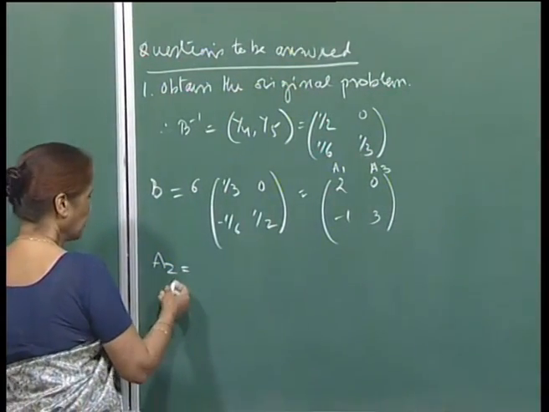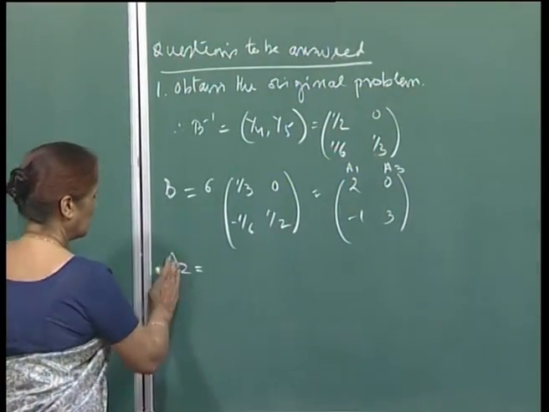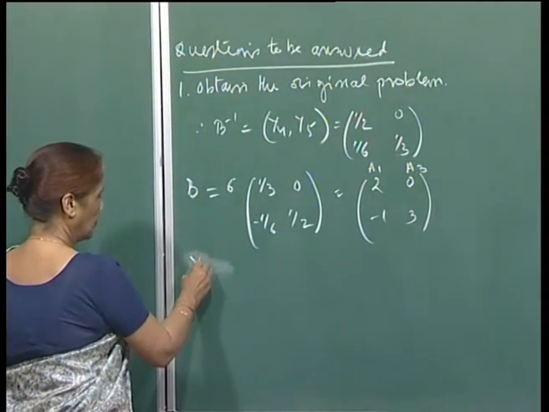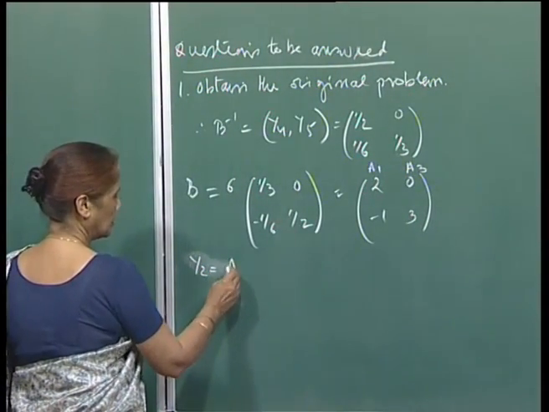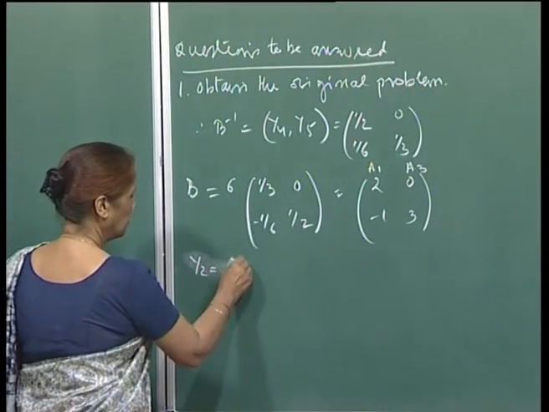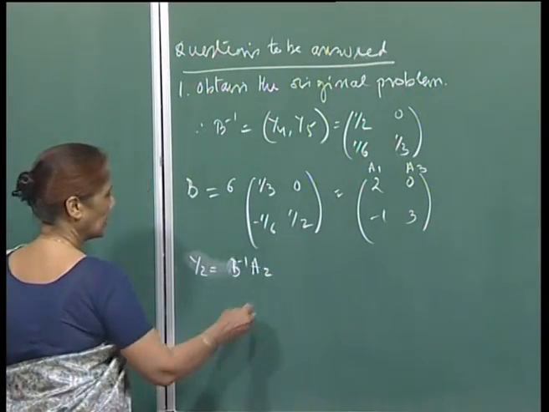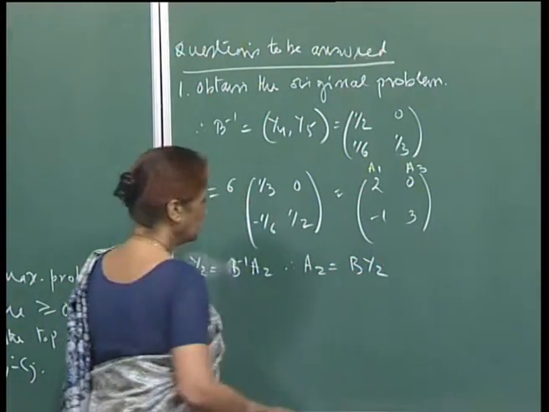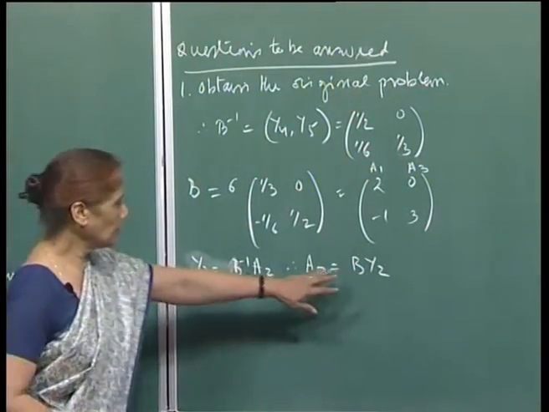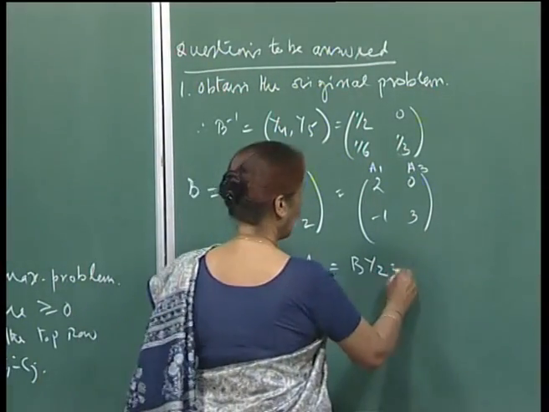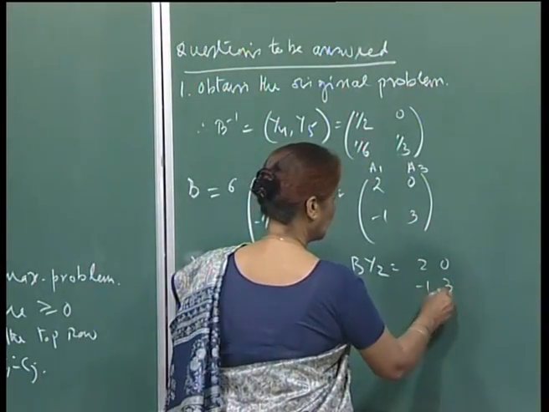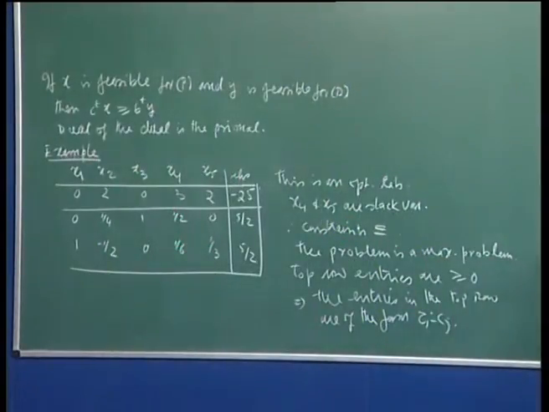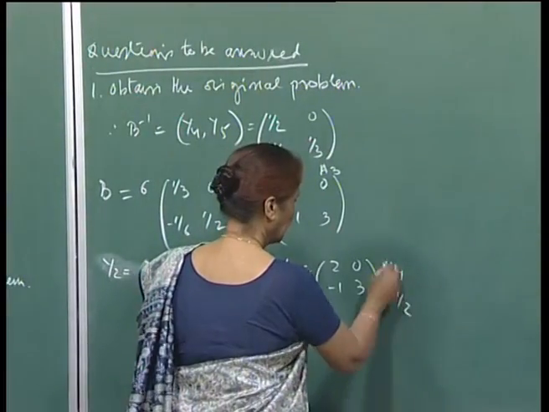So, I need to compute A2. To compute A2, let me write it this way: your y2 is B inverse A2. Therefore, A2 is B y2. So now you have y2 and you have B. So B is 2, 0, minus 1, 3, and your y2 is 1 by 4, minus 1 by 2.